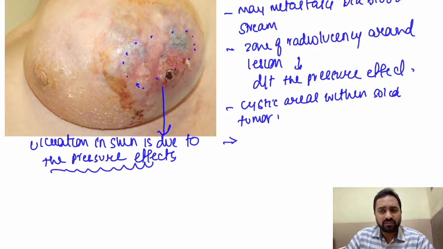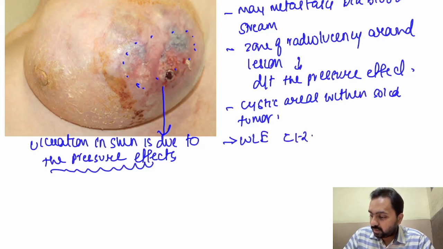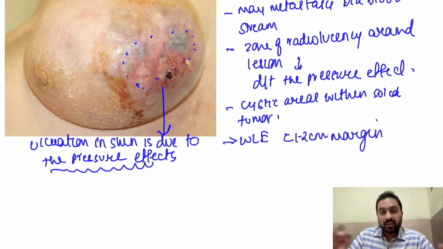Now what is your treatment in this case? Normally the axilla does not require treatment. It is usually a wide local excision with a 1 to 2 centimeter margin, right? And another point which I would like to remind you is that there is a criteria used in case of phyllodes tumor to differentiate it into benign, borderline or malignant.